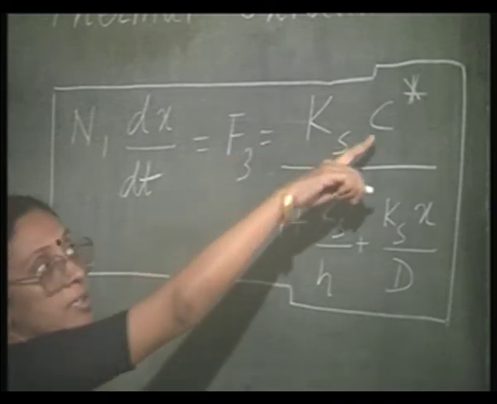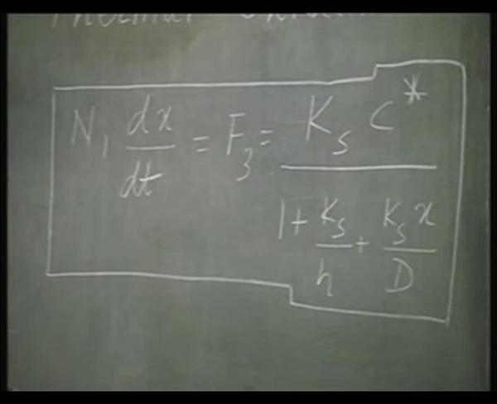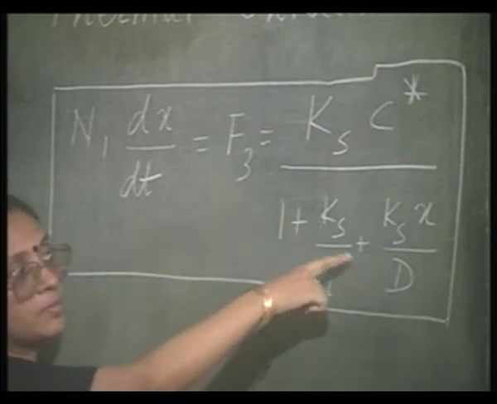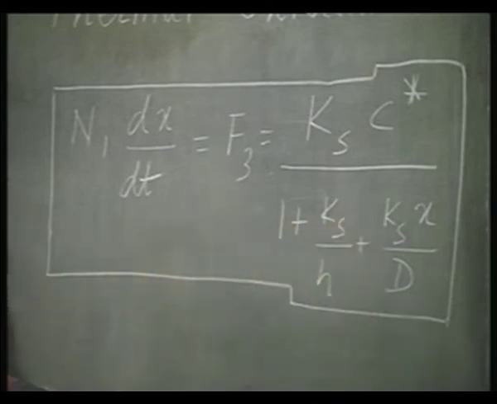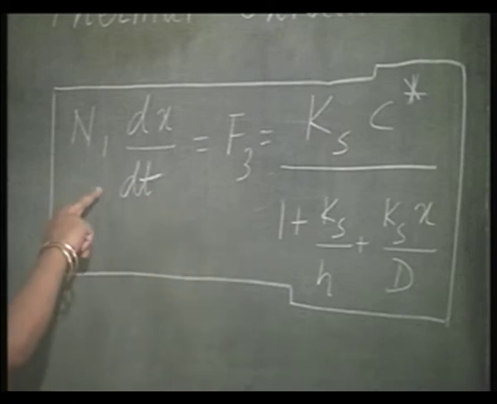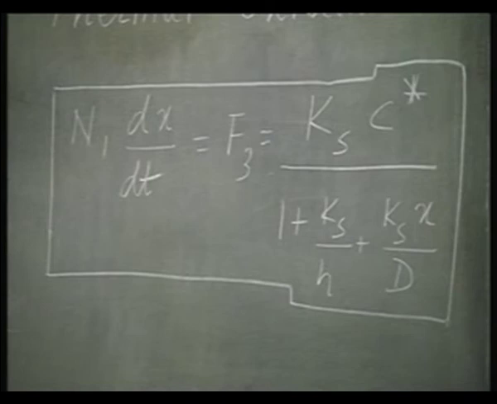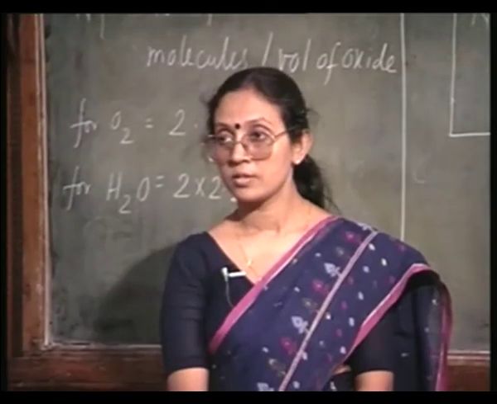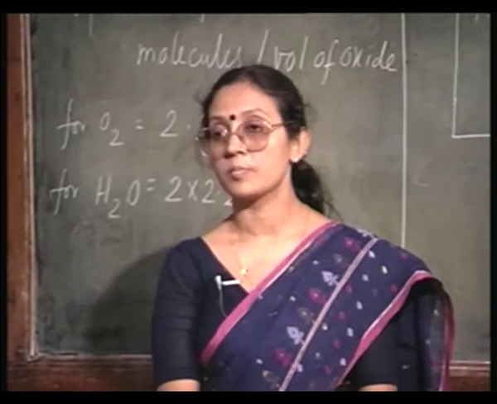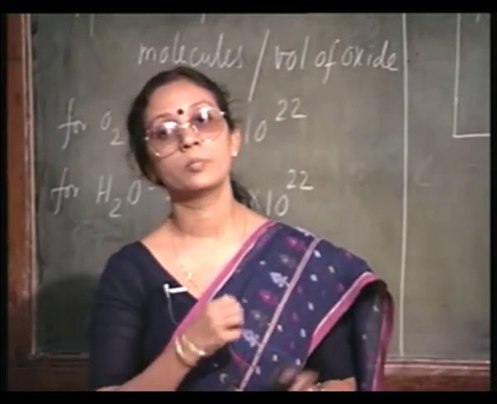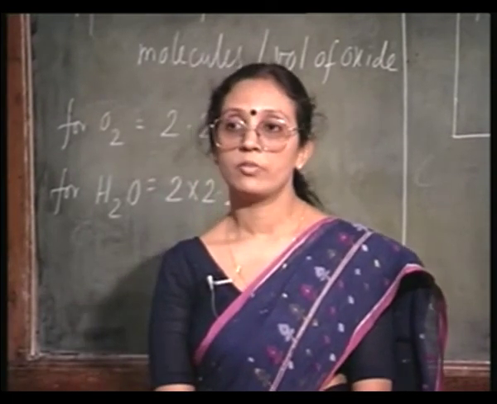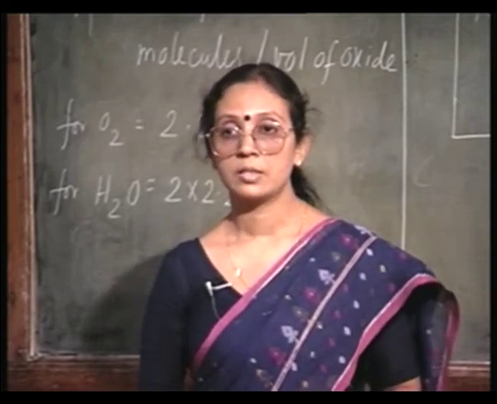I have related Ci with C star divided by 1 plus Ks by H plus Ks x by D, and now I am going to equate that with the number of oxidant molecules per unit volume multiplied by the oxide growth rate dx dt. I will equate that, solve the differential equation subject to the initial conditions and obtain the expression for oxide growth rate in the next class.